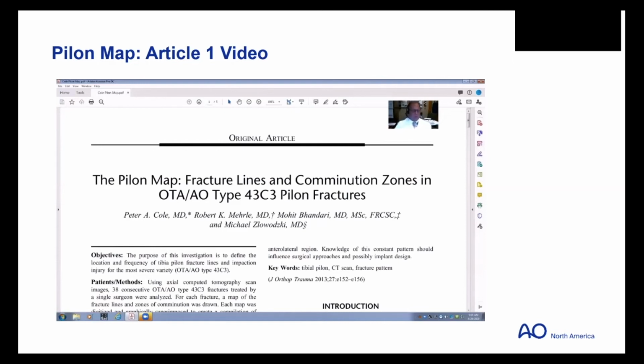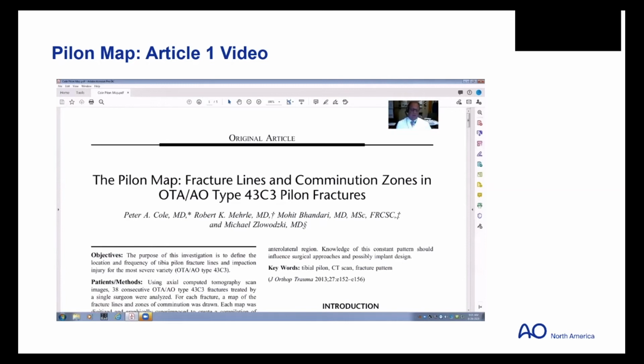Yeah, absolutely. I think that the two go hand in hand. I map the primary and secondary fracture lines, and so what becomes very apparent is that the comminution zones stand out. And so that was part of the mapping process from the very beginning, Arun.